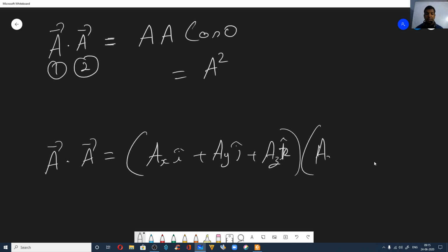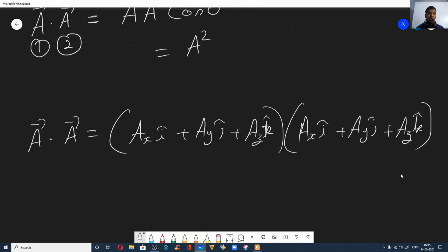So simple. What did we do? ax multiplied with ax itself, so you'll get ax square, then ay square plus az square.